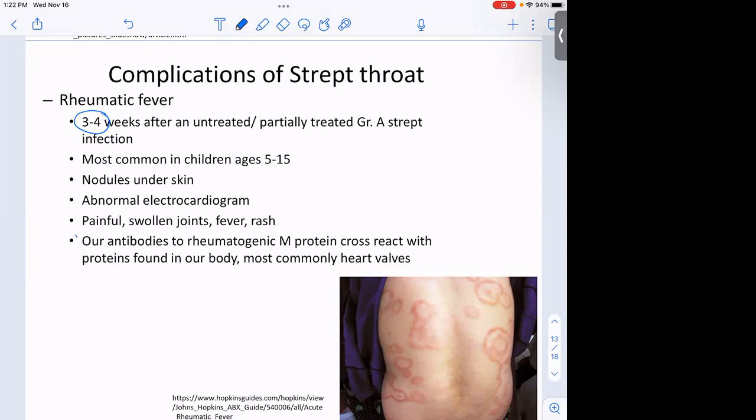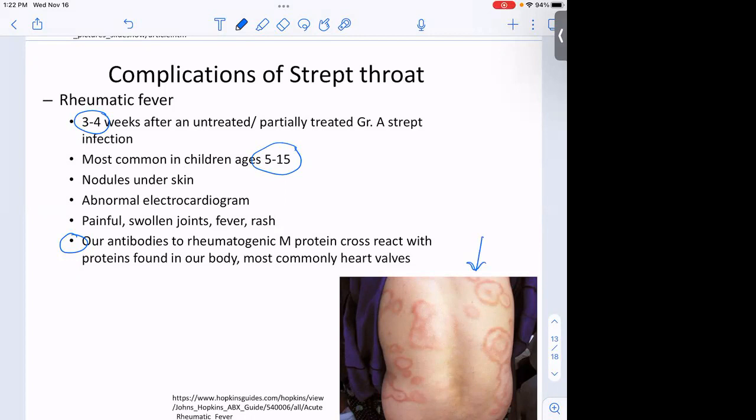And that's when we produce antibodies to that M protein, and it cross-reacts and targets things like the heart valve, especially the mitral valve. Okay, so apparently this is more common in kids. You get this strange looking rash very commonly.